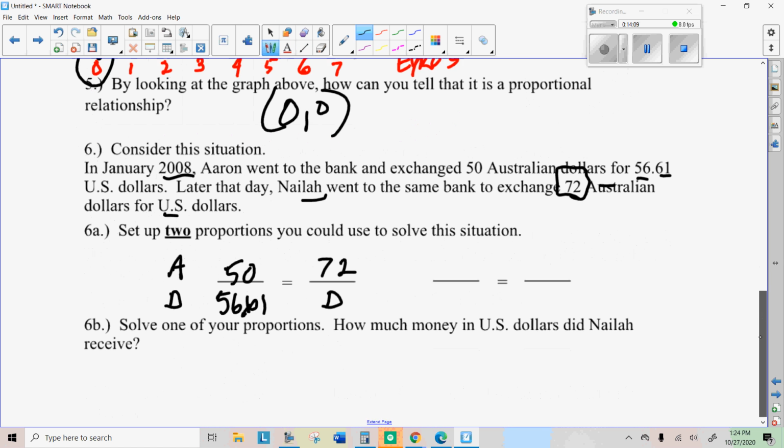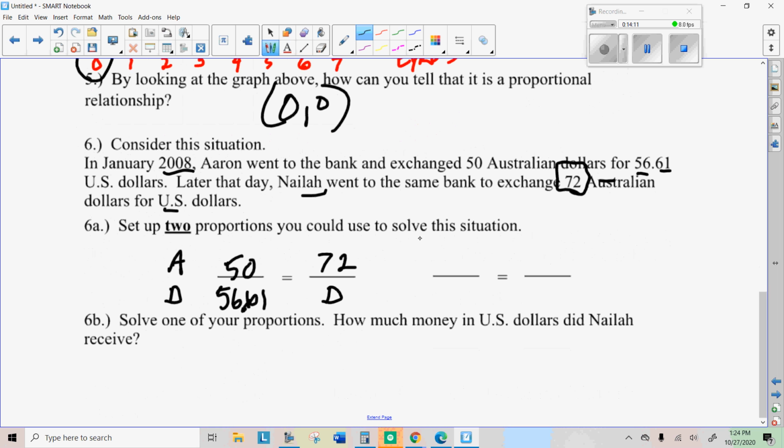Okay, so that's one way you could do it. Another way you could do it is you could find out how many dollars you get for each Australian dollar first. So I divided these two out, and I got that 1 Australian dollar is equal to 1.1322 US dollars.